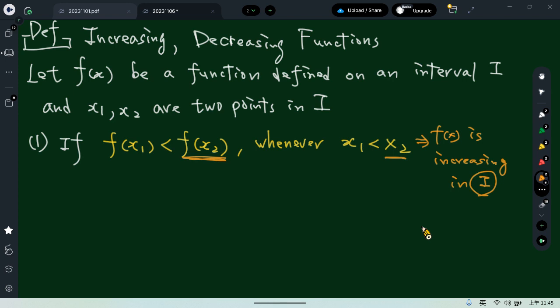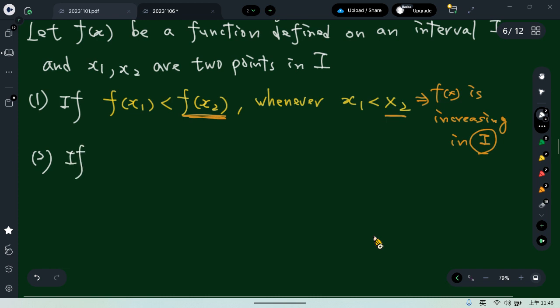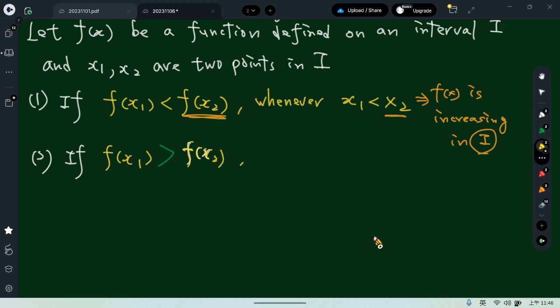I can divide its domain into several pieces, and each piece we can regard as I. Later I will show you some examples. Similarly, decreasing is defined as: if f of x1 is larger than f of x2 whenever x1 is less than x2.